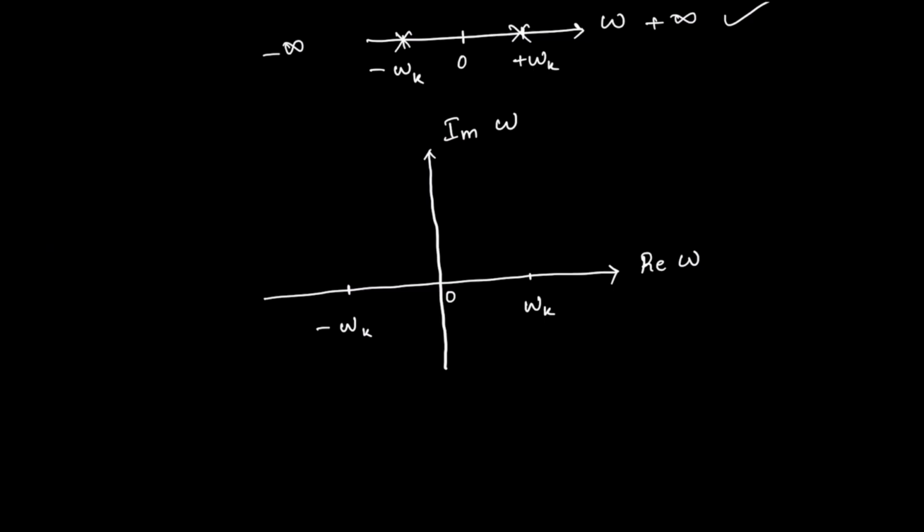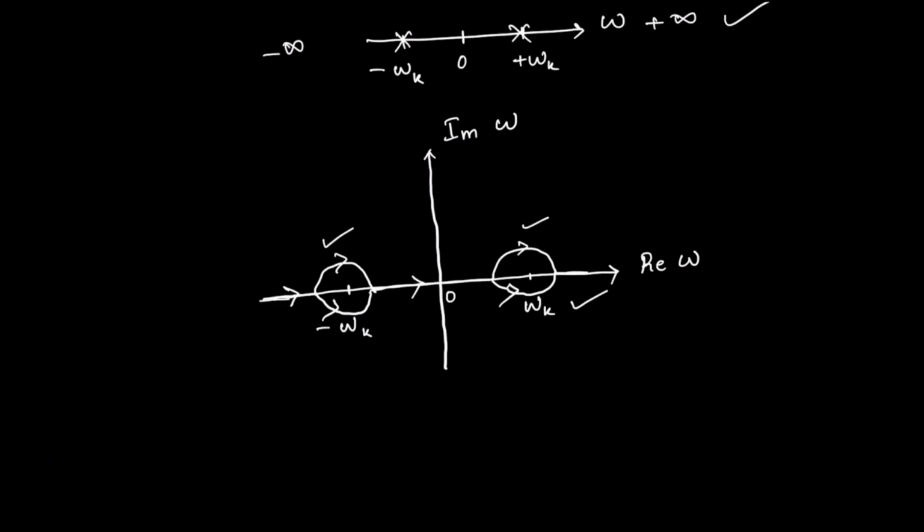Either I can go like this here, and then go straight, and again bypass, and go like this. This is one choice. Another choice is I can go below, and then again go below and continue the integral. This is the second choice.